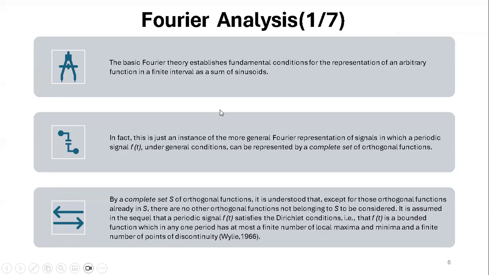This is just an instance of the more general Fourier representation of signals, in which periodic signals are explained in signals and systems; chapters 4 to 5, I think, are about periodic signals. A complete set of orthogonal functions is understood such that nothing remains except those orthogonal functions. So it is a combination of maths and engineering.